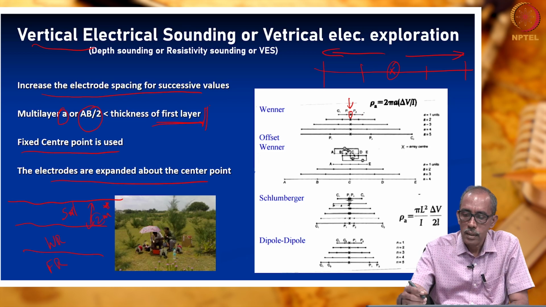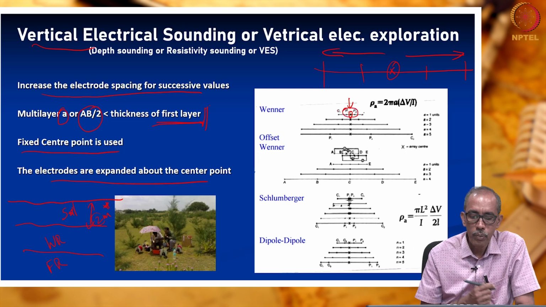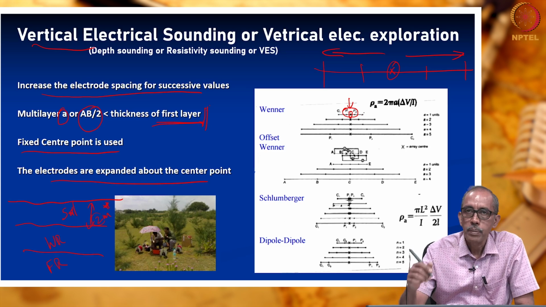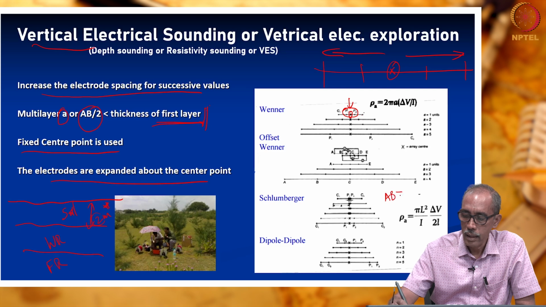Why? In Schlumberger method, there won't be any need to change the potential electrodes, because as per Schlumberger, it is sufficient to keep the distance between A and B greater than 3 times MN.